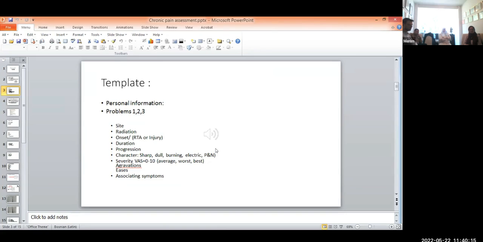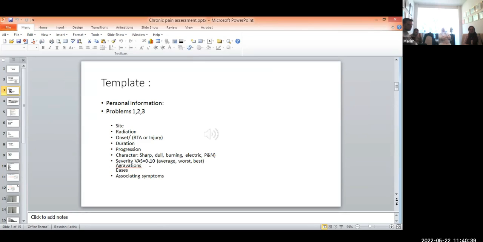Dull, pressure, kind of like toothache pain, spasm, that usually means a musculoskeletal pain. There are obviously some exceptions, but this is an important clue for you to diagnose sciatica, for instance, rather than just a mechanical low back pain.